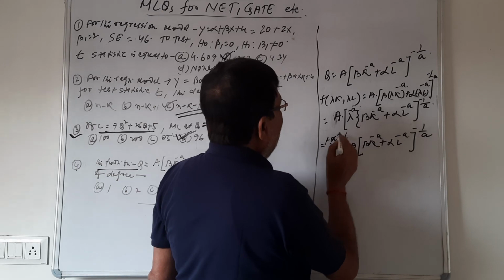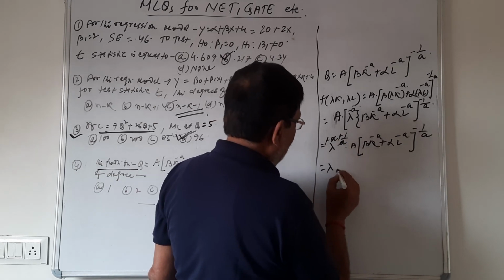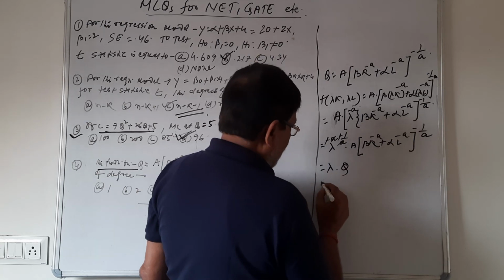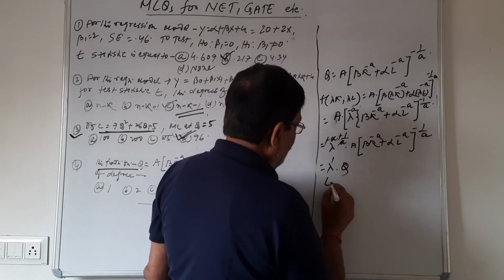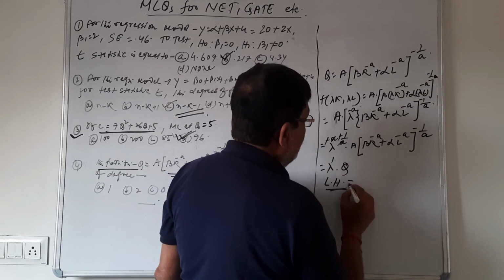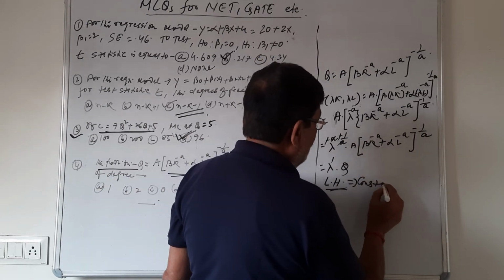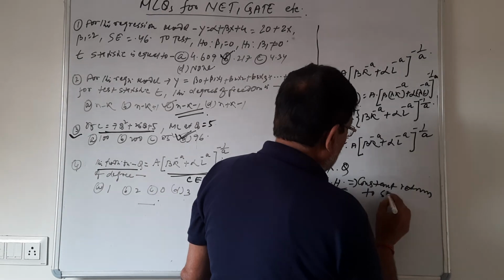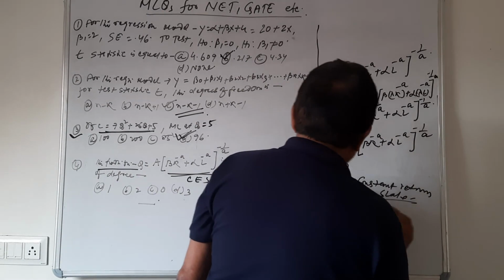The a cancels, leaving lambda, and this is Q. So the degree of homogeneity is 1. This is linear homogeneous, representing constant returns to scale.